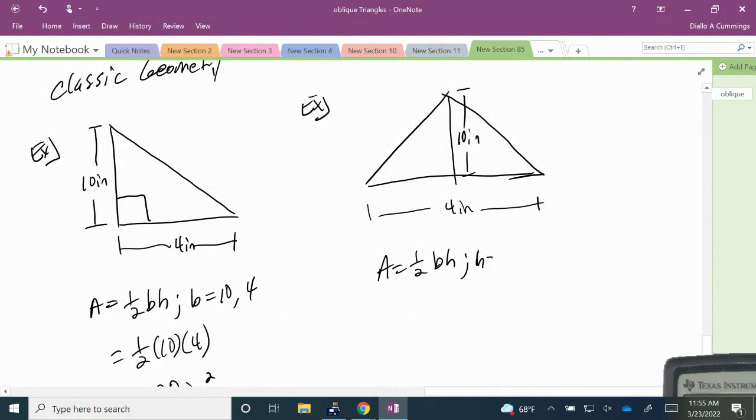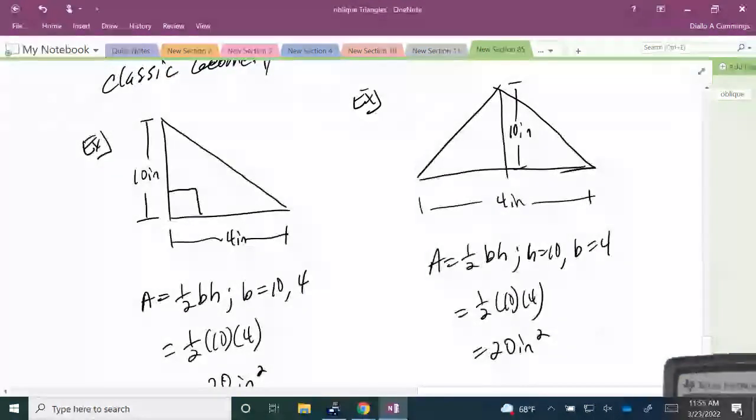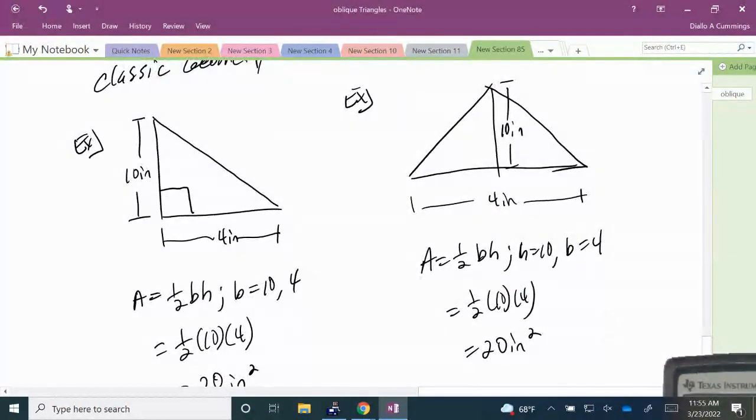So the height is 10, the base is 4. So again, we would get 20, right? But notice, in order to use the formulas for classical geometry, you must know the height, right? Because that formula is 1/2 the base times the height.